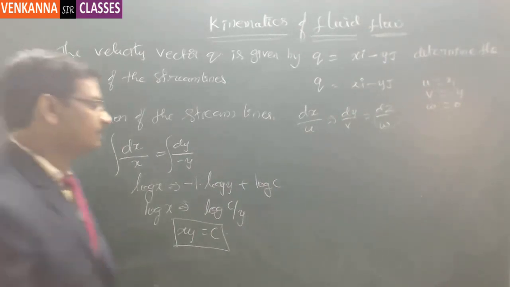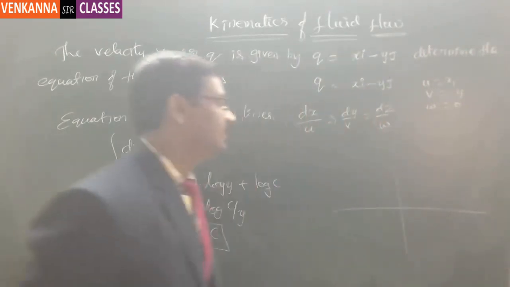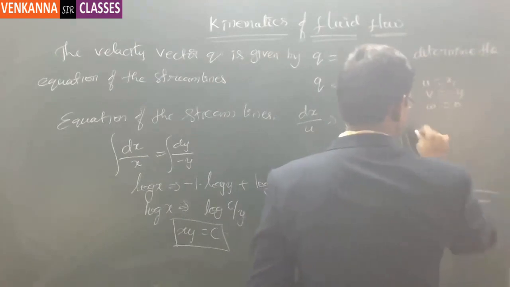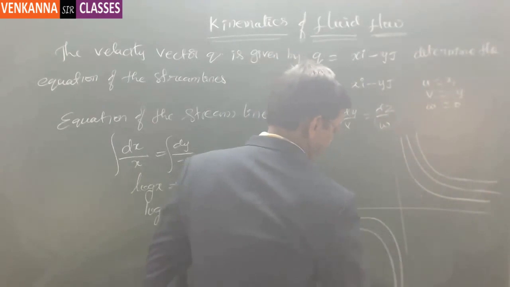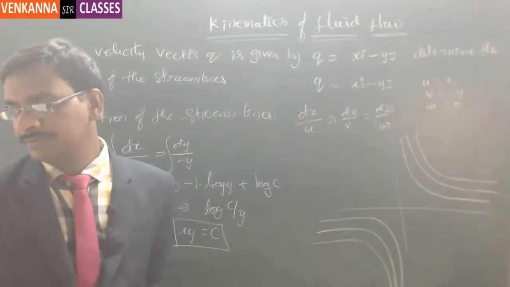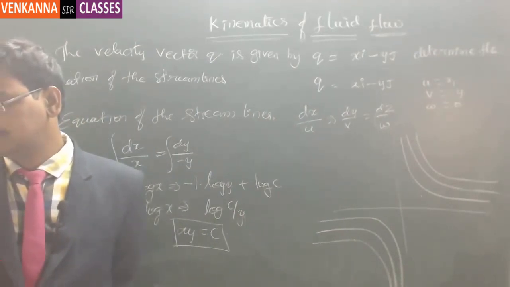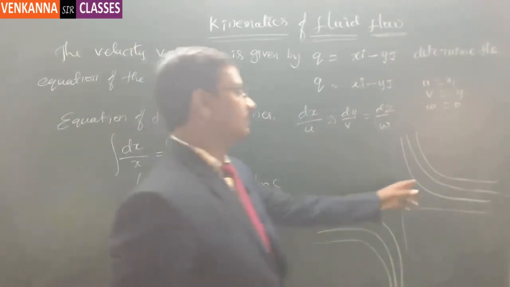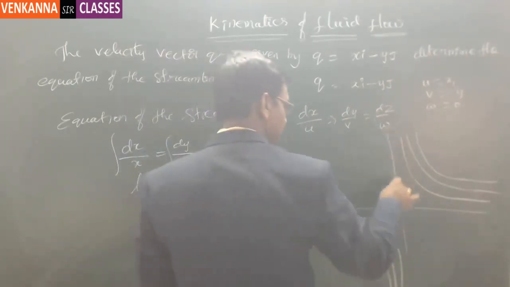Now what is the shape of these streamlines? If you are asked to draw the streamlines, these streamlines are a rectangular hyperbola, like this, right? Depending upon the C value, these lines may come in the first and third quadrant, or in the second and fourth quadrant.